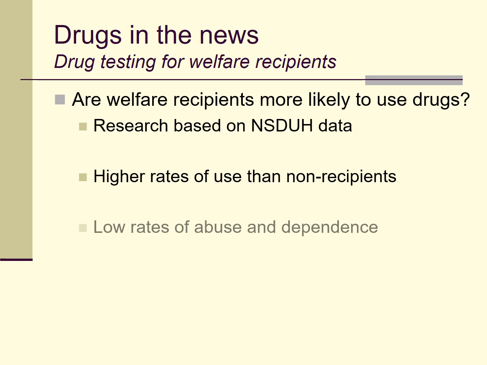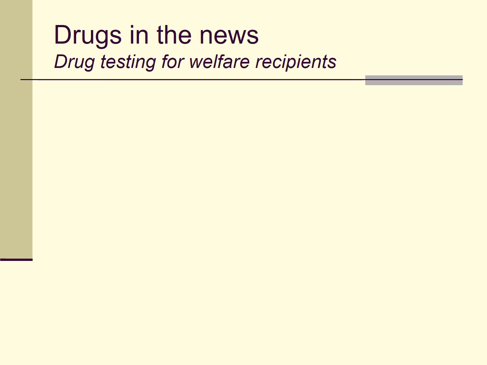But it's also interesting to note that we don't see very high rates of abuse or dependence among people who are on welfare. So it doesn't seem to be the case, at least in the National Survey of Drug Use and Health, that there are large numbers of people on welfare programs who are abusing or dependent on drugs.